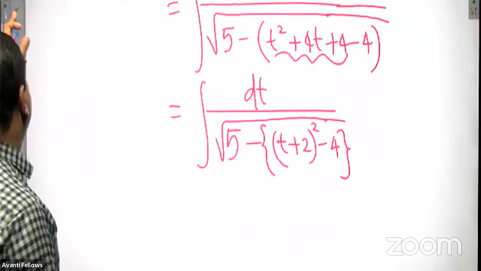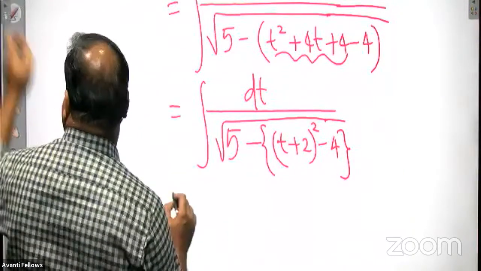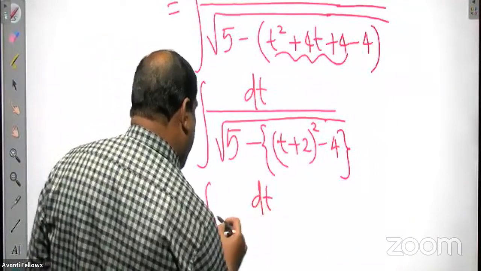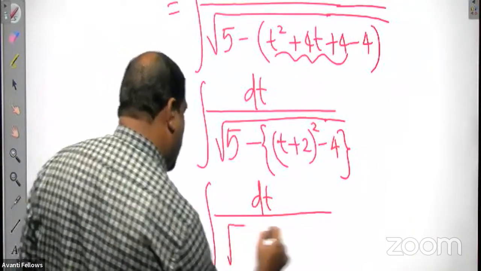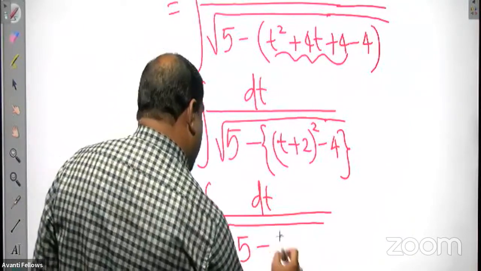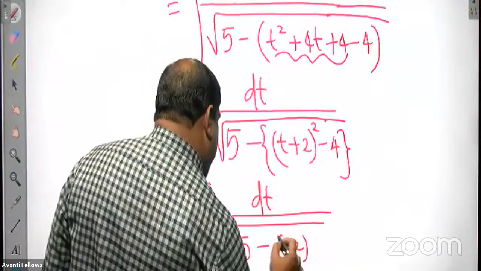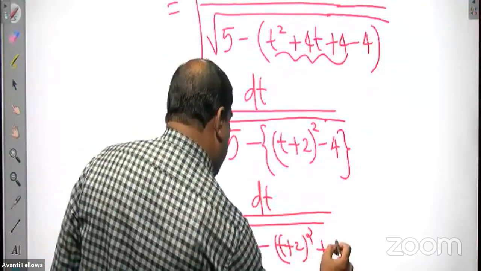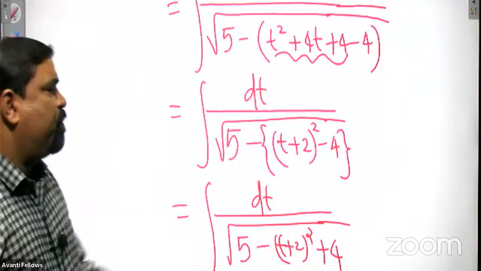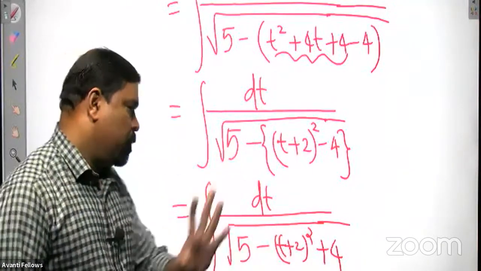And that is equal to the integral of dt upon root of 5 minus, t plus 2 whole square, plus 4. If you remove the bracket, minus of minus 4 becomes plus 4.